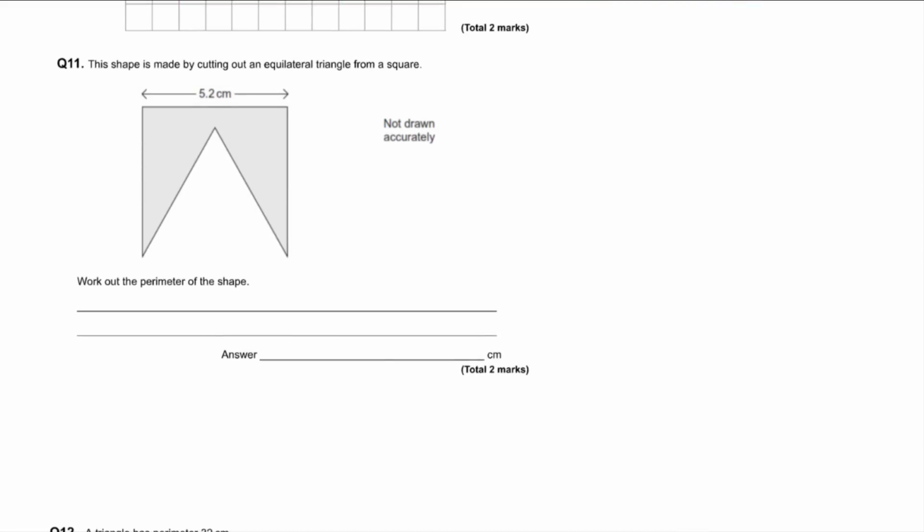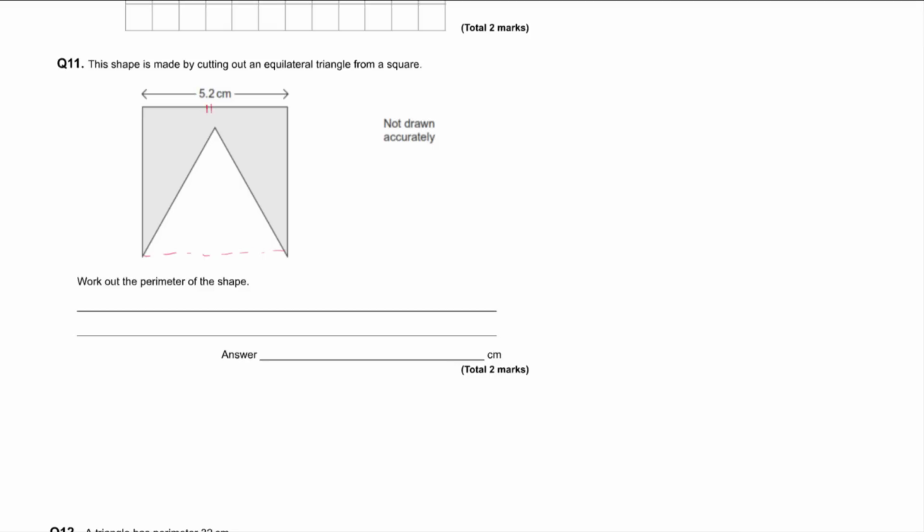Question 11. This shape is made by cutting out an equilateral triangle from a square. Work out the perimeter of the shape. Okay, so the equilateral triangle must have had a baseline here then, isn't it? Now I know that all the sides of an equilateral triangle are the same, and the base of this equilateral triangle is the opposite side of my square, isn't it?